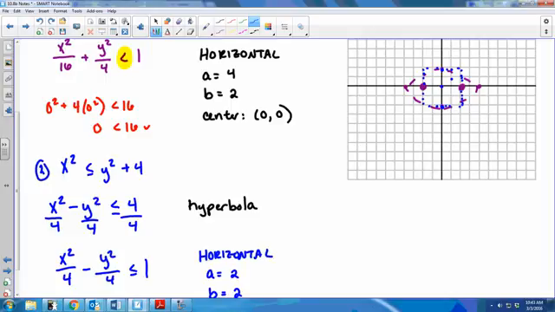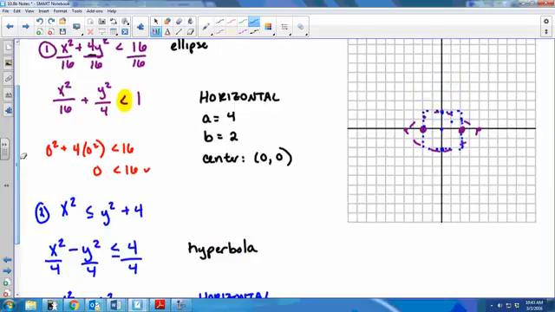Before, I made you find the equations of the asymptotes, and you had to fill it in. It was y minus k equals plus or minus a over b or b over a, depending on which orientation it was, times x minus h. You could still do all that, but that's a lot of work when I know they go through the corners. So I know that the asymptotes go through the center and then through the corners of the box.